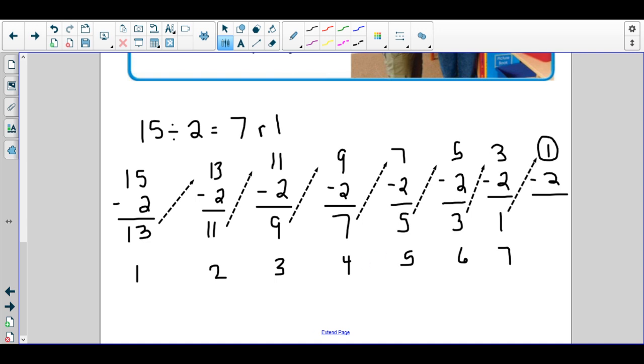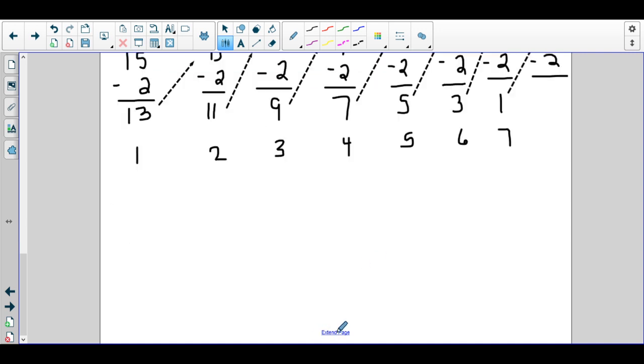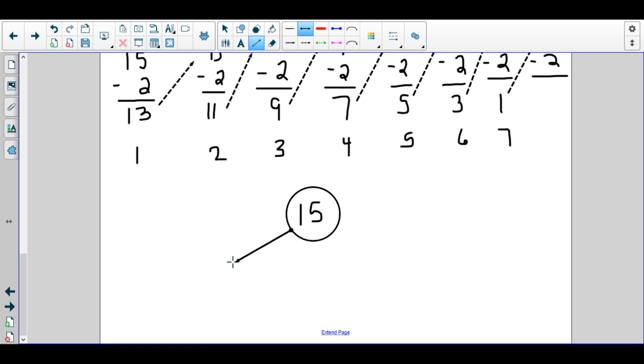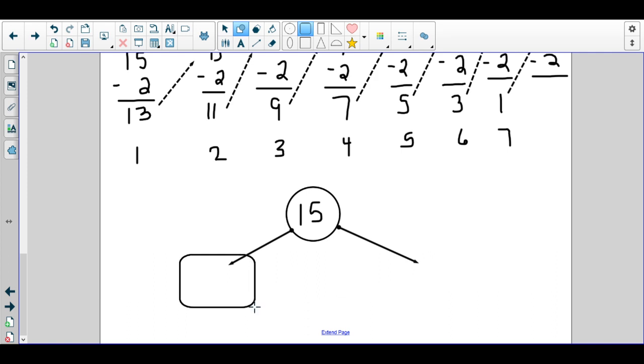Okay, it would be no different than if I took, and this is going back to something that we've used in the past, right? If I had, for example, 15 here, and I was going to divide this out into 2, so there's 1 and 2. Let's get some boxes here to put them in.